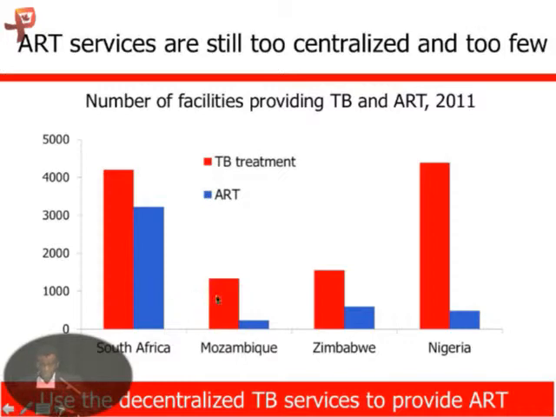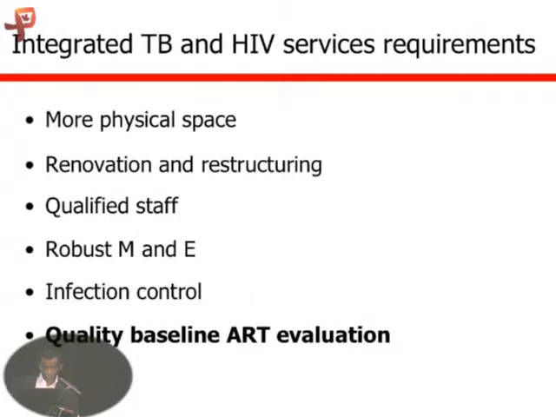And in some countries where there was actually very low coverage of ART, like Mozambique, where we saw 29% coverage of ART, you can really see big disparity between the TB facilities and the ART facilities.